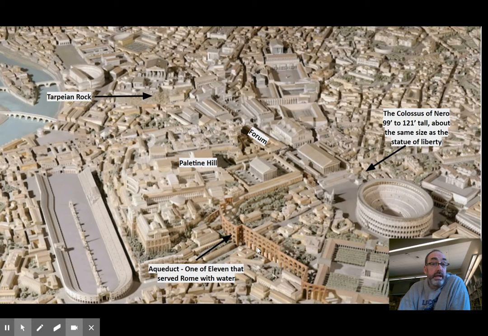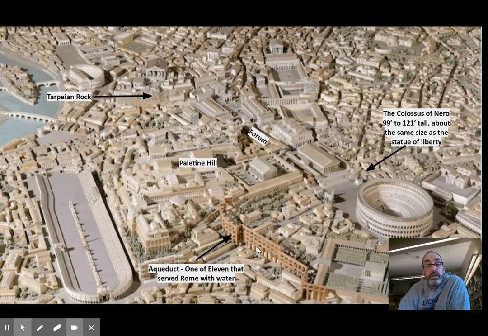Now, the rich people might have their own running water, so about a third of the city had its own running water, but the neighborhoods would have running water as well. So even if you're poor, you'd have running water in the street, not in your house, and you'd go down there and take water. These aqueducts look like a wall, but it's actually a water system that funnels through the city.